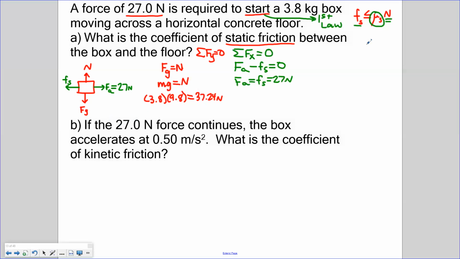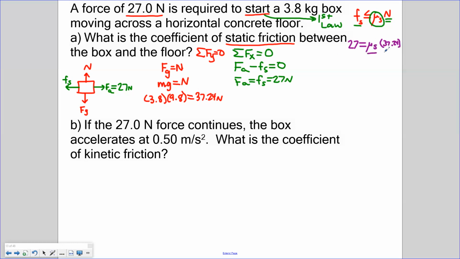About a nice purple. So we know our frictional force is 27. We know in this case, we can use an equal sign because that is the amount. It can go up to 27. In this case, it's equal to 27. We got our mu s, and we know our normal force is 37.24.